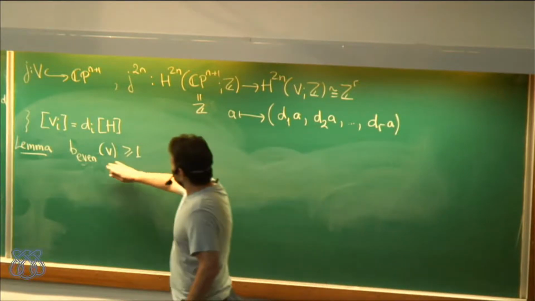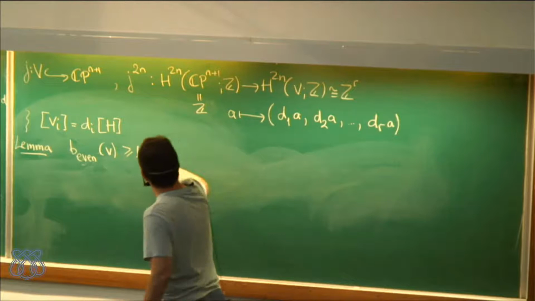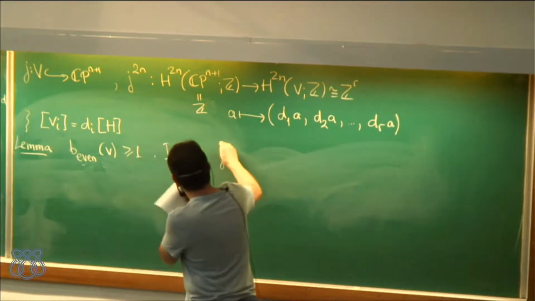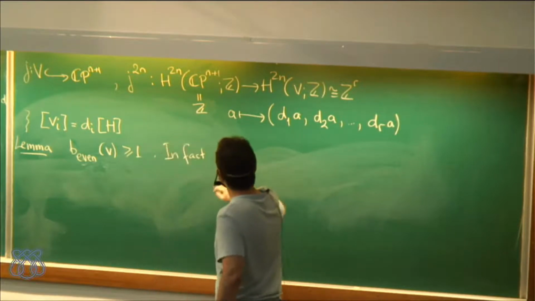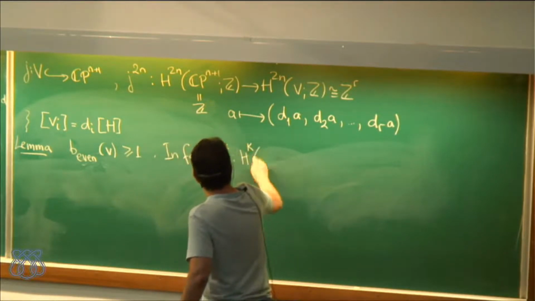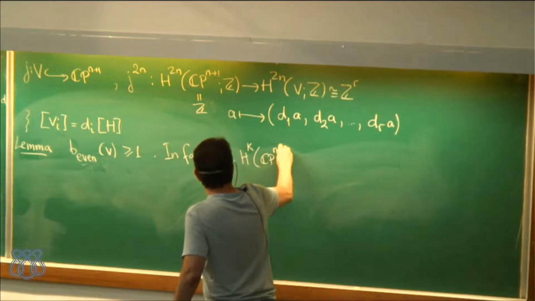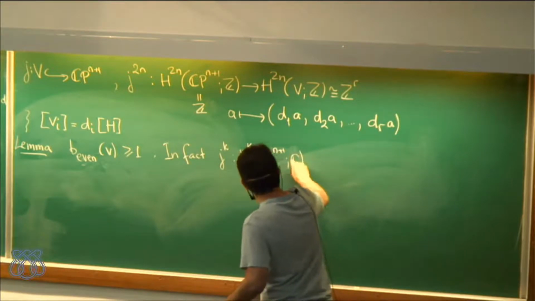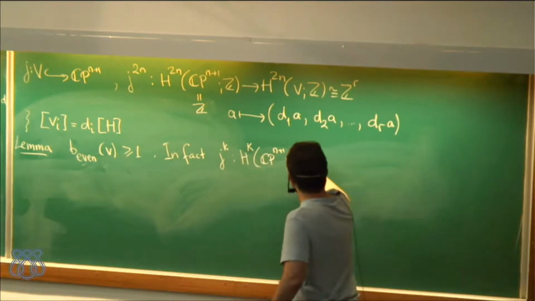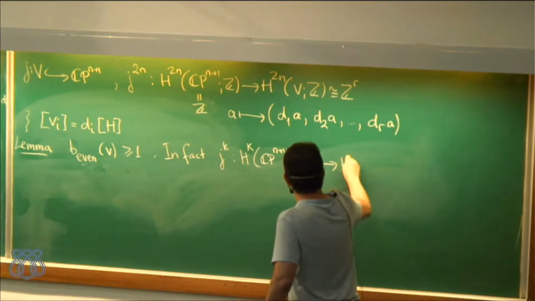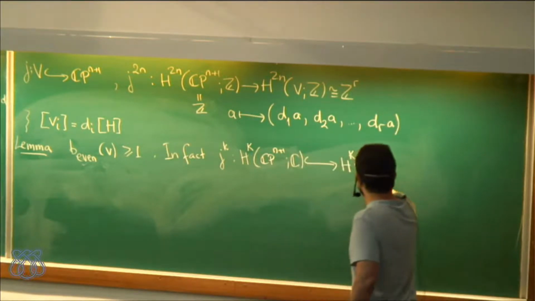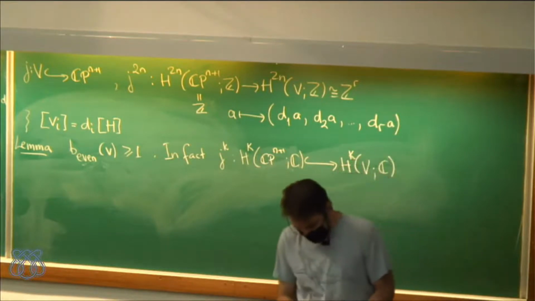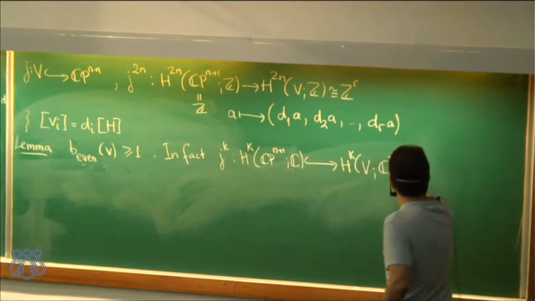All right, so what is really meant here? In fact, what happens is that this cohomology map j^k, from the k-th cohomology of CP^(n+1), let me use a field now, of course, for Betti numbers I don't care about anything else, this injects into the cohomology of V. So now this is for all k.